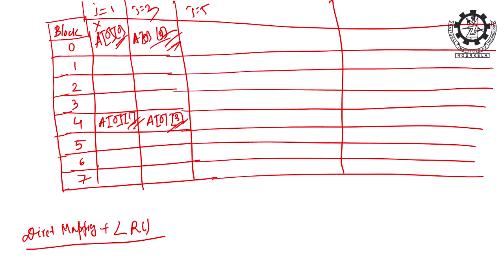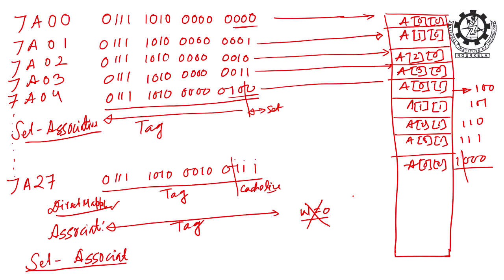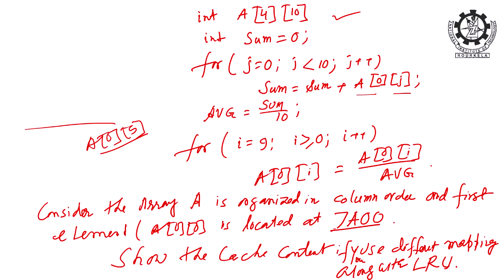So, if j equal to, let us say 9, because it will reach up to 9, what do you see here? You have 0 9 and here you will have A08. Now, the loop will be completed, right. So, here the loop will be completed and compute the sum.